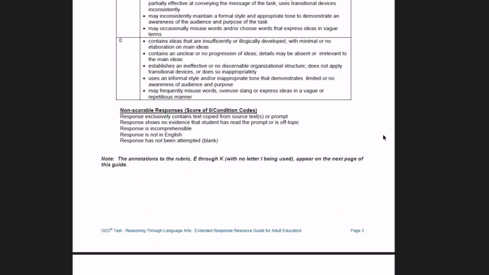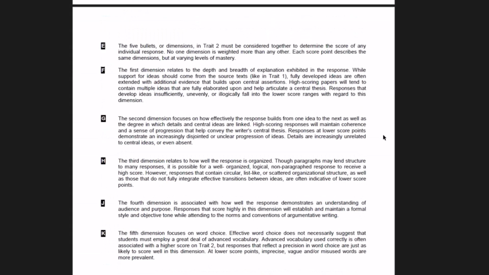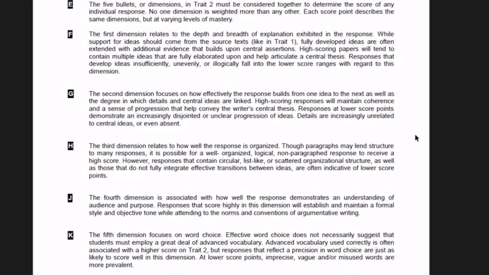So let's go down to the notes that you'll find on page 4. E has to do with the title. It says the 5 bullets or dimensions in Trait 1 must be considered together to determine the score of any individual response. Letter F. The first dimension relates to the depth and breadth of explanations. So how much are you talking and how deep do you go into that information?